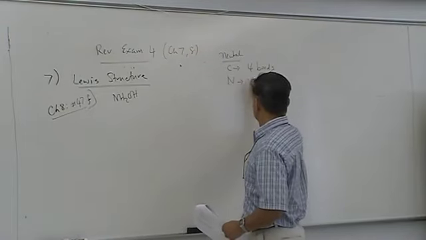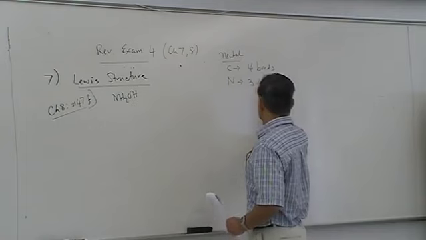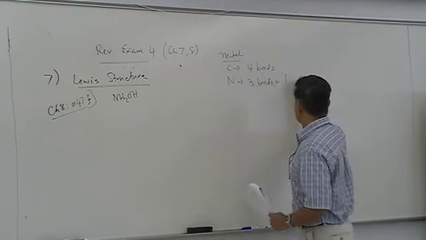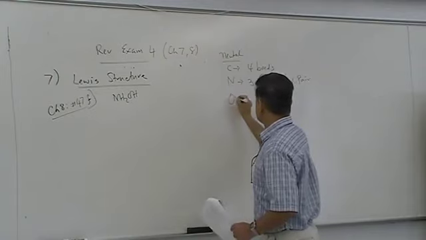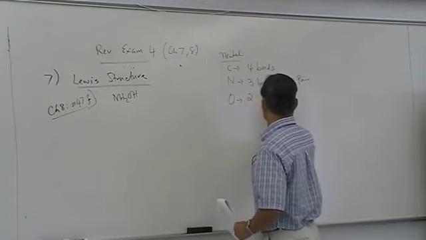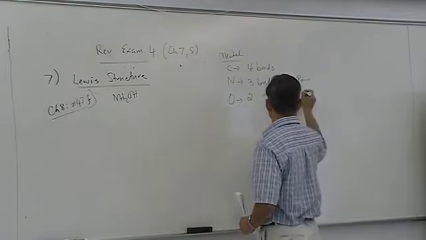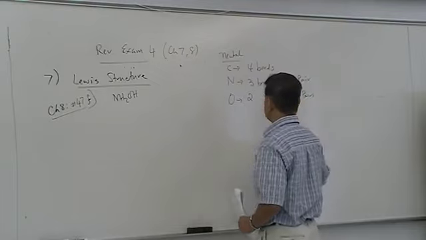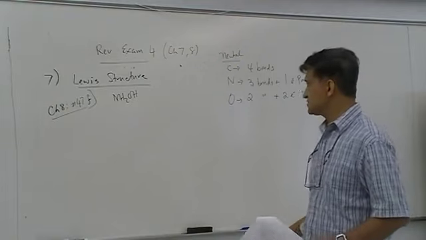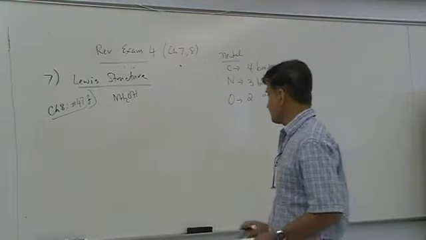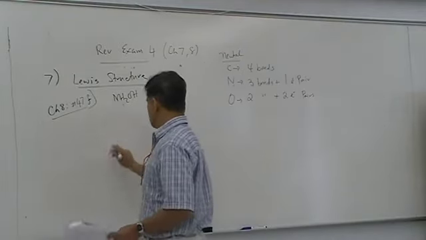Nitrogen would have 3 bonds plus 1 electron pair sitting on nitrogen. Oxygen normally would have 2 bonds plus 2 electron pairs sitting on oxygen. If you remember this, then it would be a lot easier to write down Lewis structures for some organic compounds.